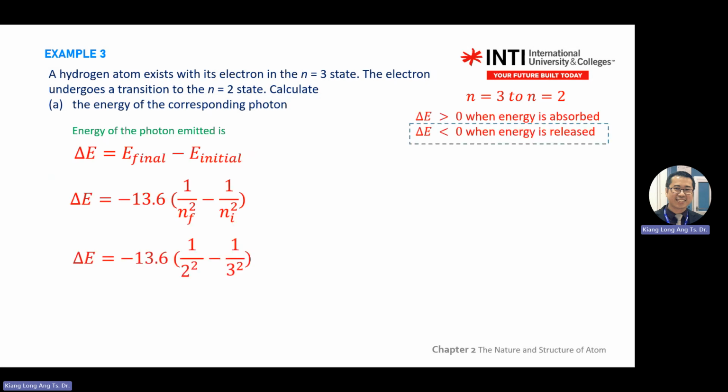Okay. Right. Now in this case, n to 2, you release. So you use the equation delta E equal to E2 minus E1. Why you cannot use E2 minus E1 directly is because you don't have the chart. In this question, the chart is not given. So the solution, you can use this equation, minus 13.6.